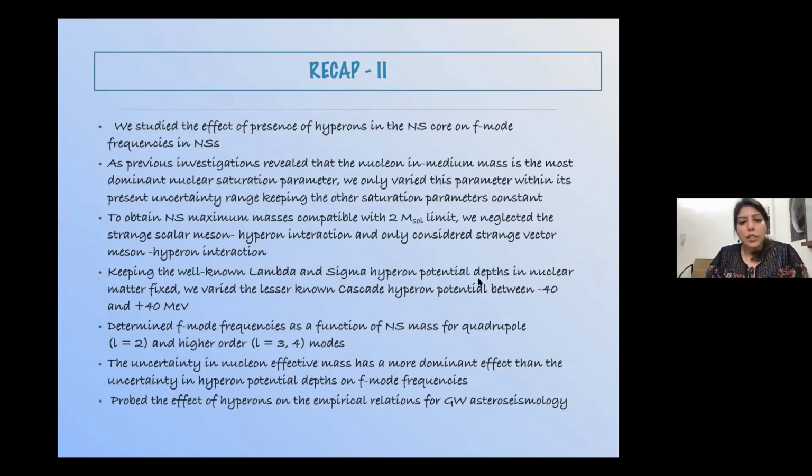We kept the lambda and sigma hyperon potential depths fixed while we varied the cascade potential within its current uncertainty range. We also determined the F-mode frequency for higher order modes. Overall, it is the nucleon effective mass which played a more dominant effect than the hyperon potential depths on F-mode frequencies. And again, we probed how one can have an equation-of-state-independent empirical relation with or without hyperons for gravitational wave astroseismology.